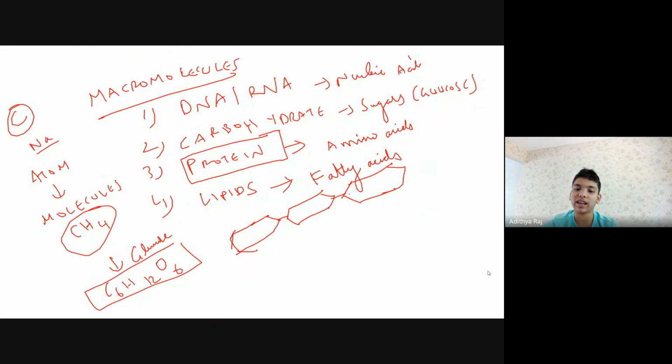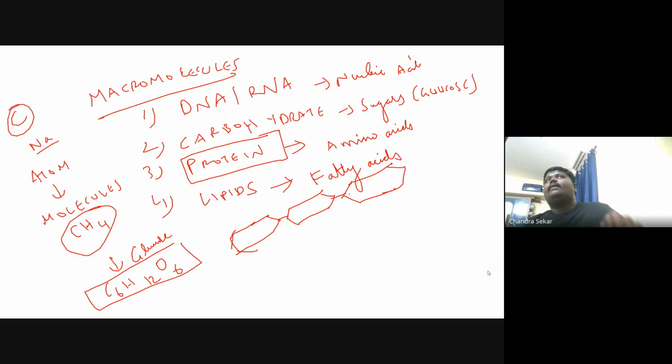Like in maths we say monomial, polynomial. I'm not going to that level, but at the biological level, what I know is one chain is monomer. More than one chain, it becomes quaternary. Don't think about quadrants and don't confuse yourself.